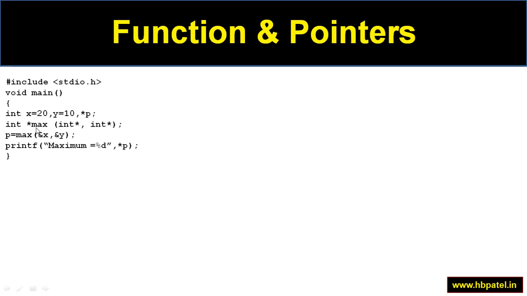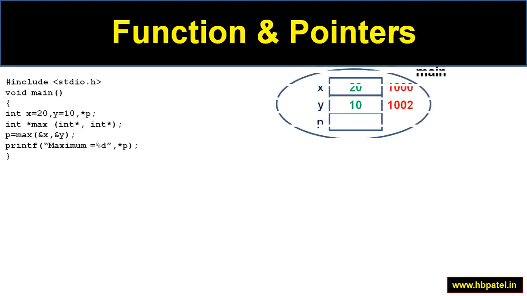For that the function is max with two arguments, both are pointers to integer, and it also returns one pointer. So how do I read this function? Max is a function with two arguments, both pointers to integers, and the max function returns a pointer to integer.